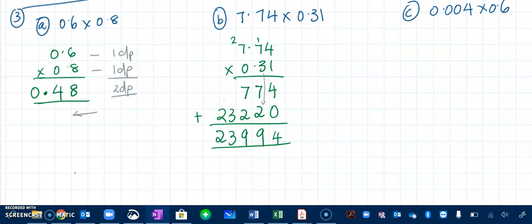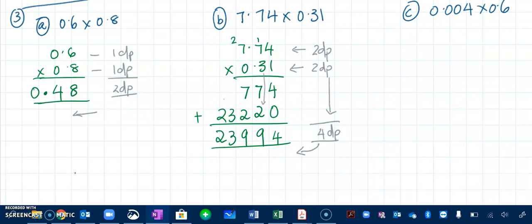Now let's look at the number of decimal places. 7.74 has two decimal places. 0.31 has another two decimal places. So in total, 2 plus 2 gives me 4 decimal places. Let's go from right to left and count 4 decimal places, which means 4 digits.